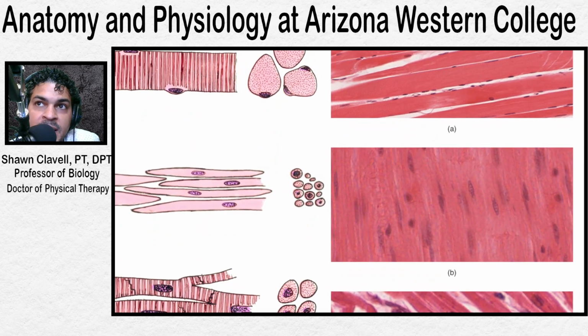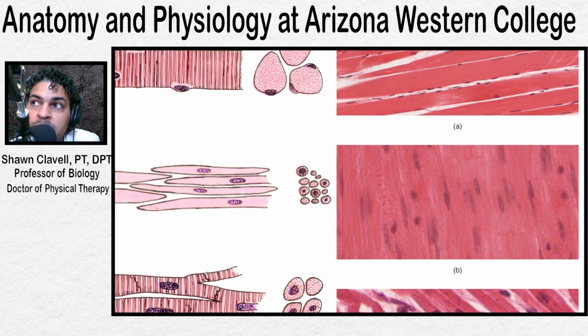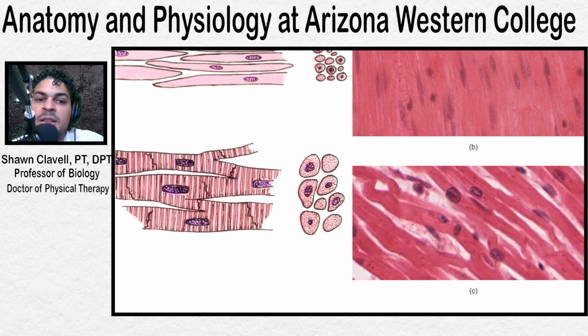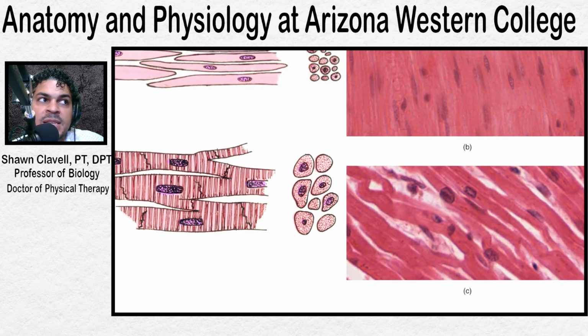As we move down, we can see smooth muscle tissue in the middle of the screen here, with its long spindle-like shape, maybe even oblong-like shape, much smaller than the skeletal muscle tissue that we see as well. And then finally, on the bottom of our screen, we can see cardiac muscle tissue. Cardiac muscle tissue has 1 to 2 nuclei, physically and electrically connected to each other, which allows the heart to contract as a single unit.